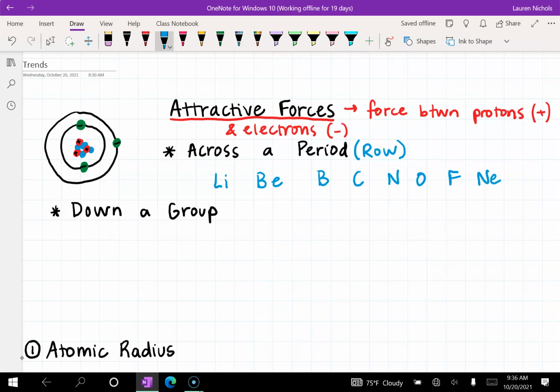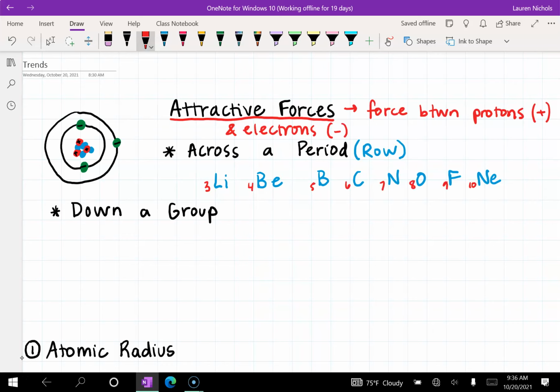As you go across the periodic table, what happens is you are changing the atomic number. 3, 4, 5, 6, 7. Oops, I'm putting them in the spot where their mass goes, though. So let's do that correctly. 3, 4, 5, 6, 7, 8, 9, 10.